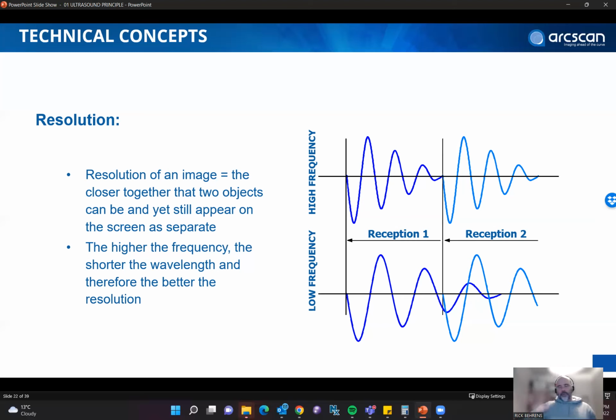But that's something we need to check with the technical guys. Basically, resolution is the amount of precision, or the minimum distinguishable structure that we can see.